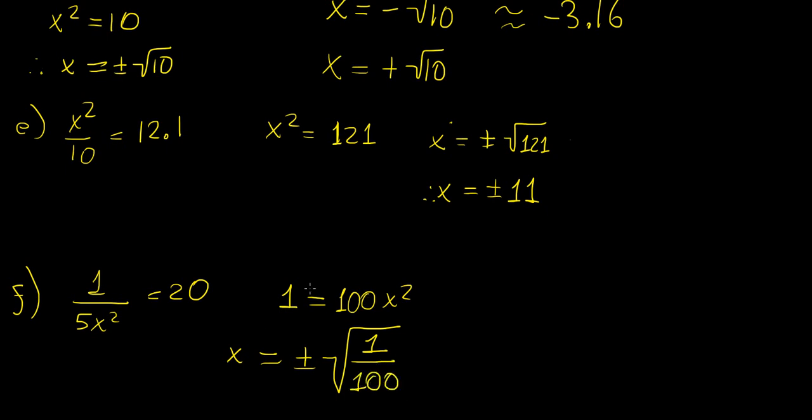Alright, so we divide both sides by 100, then take the square root. And when you have the square root of a rational number or a fraction, it's the same as writing the square root of each number individually. So we can write it like this. Now the square root of 1 is just 1. But then the square root of 100 is 10. So that's going to be our final answer for that question.